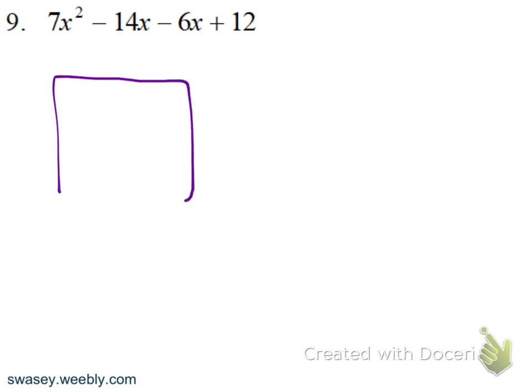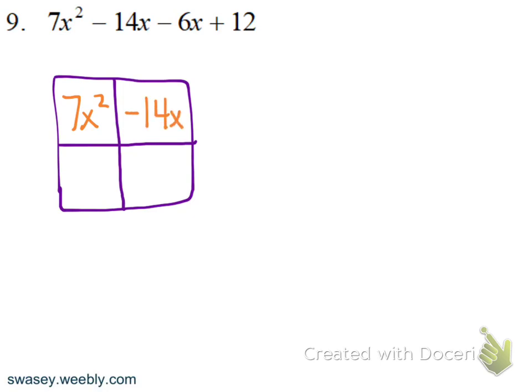Still using the box method on these. Again, it's your option whether you prefer the box method or just typical factoring by grouping, but if you're doing the box method, fill it in. Greatest common factor of the top row is 7x. Greatest common factor of the bottom row is 6. 7x squared divided by 7x is x.